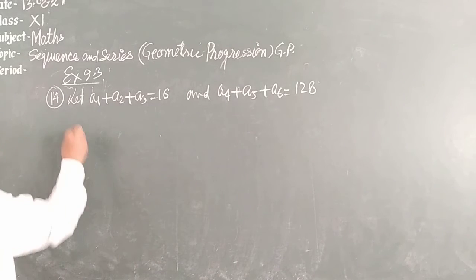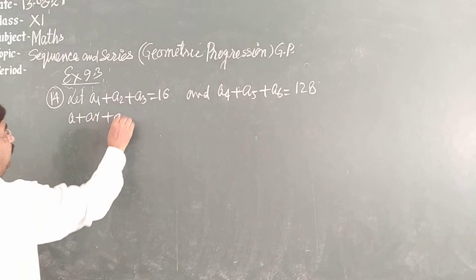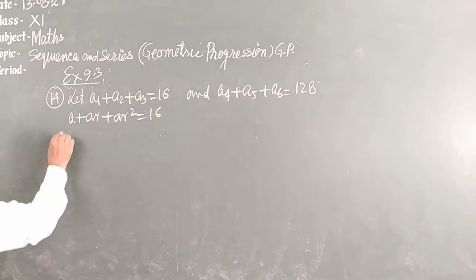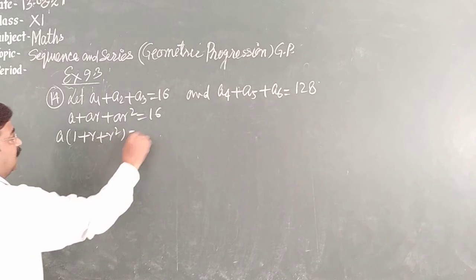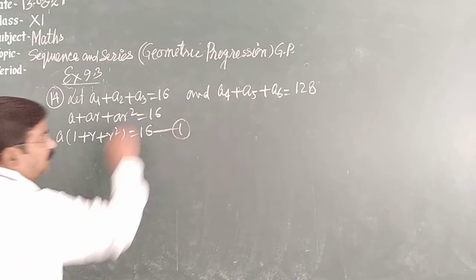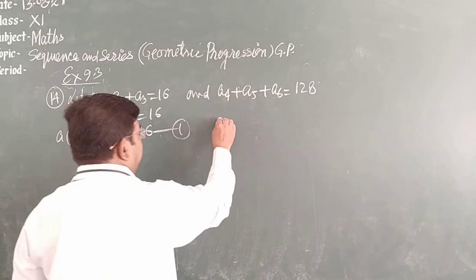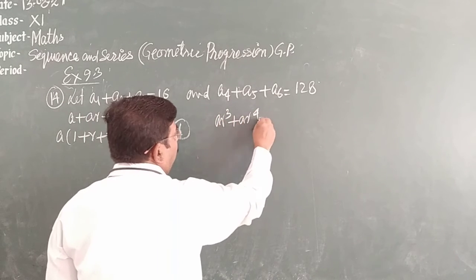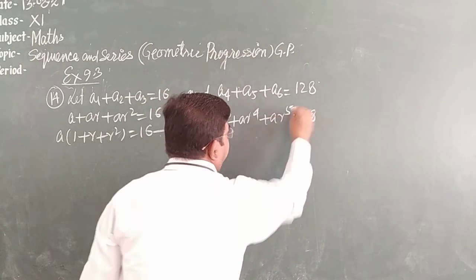Now A1 is A, plus AR plus AR square is equal to 16. Take A common here. What we have? A times 1 plus R plus R square is equal to 16. Let this be equation number 1. Here A4 is AR cube, plus AR to the power 4, plus AR to the power 5 is equal to 128.